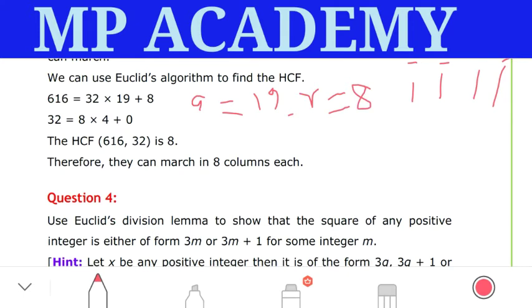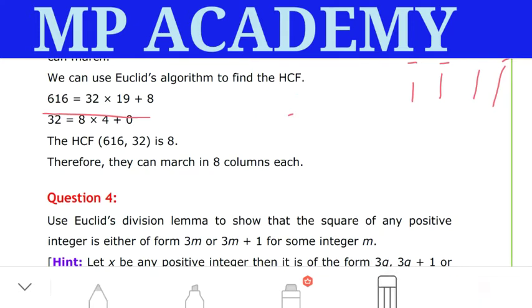So 616 can be written as 32 into 19 plus 8, in the form a equals bq plus r.